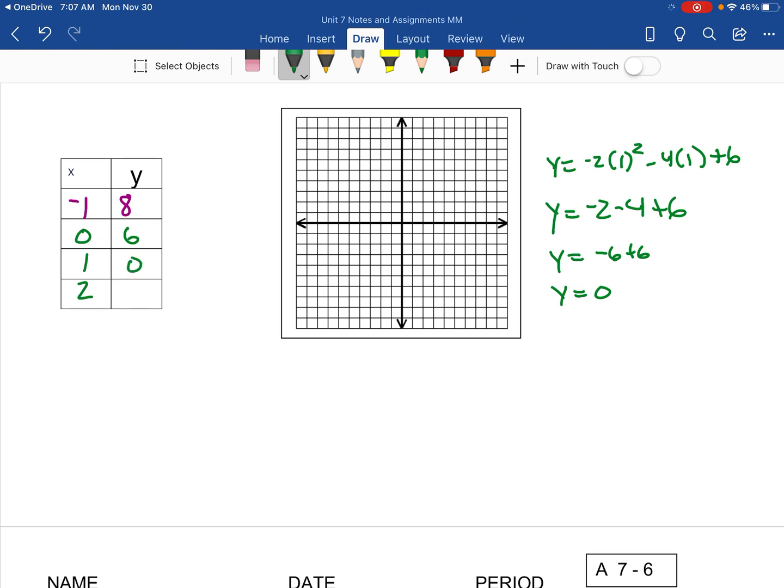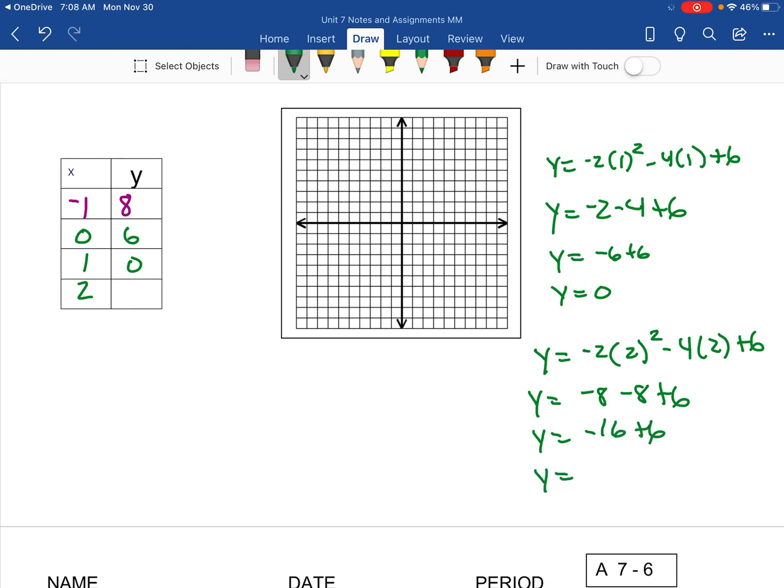Then finally, I'm going to plug in a 2 to get one other point. Everywhere there's an x, I'm plugging in a 2. 2 squared is 4. 4 times negative 2 is negative 8. Minus 8 plus 6, so you get negative 16 plus 6 is negative 10. Okay, negative 10. So 2, negative 10.